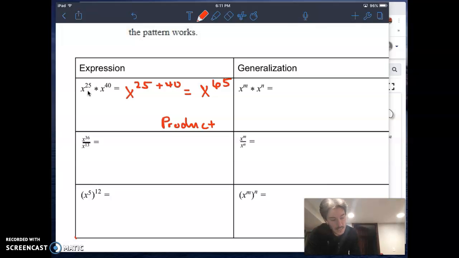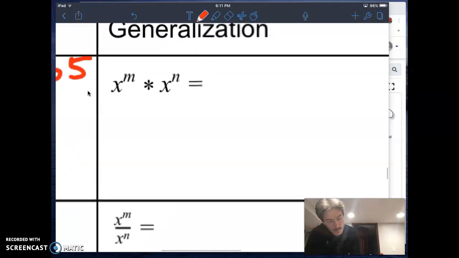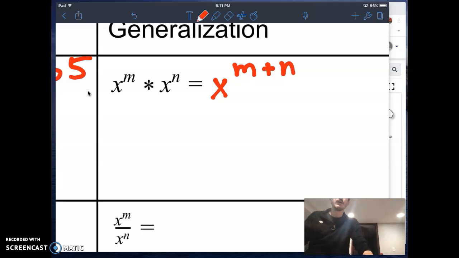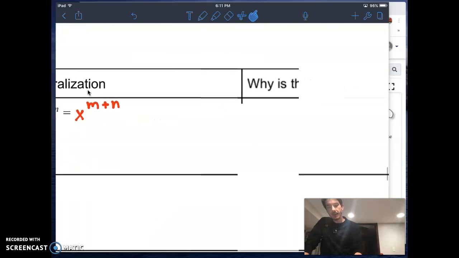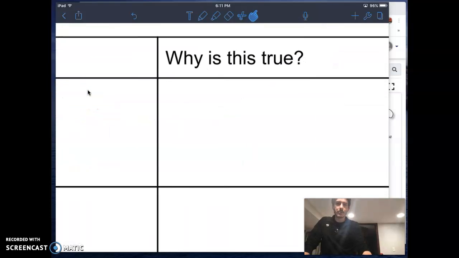And our generalization is that when we do this, we've got x to the m times x to the n power. And here's how you're going to see it written in textbooks. This becomes x to the m plus n. Pause the video for a second. Write that one down. Okay? But then, why the heck is this true?